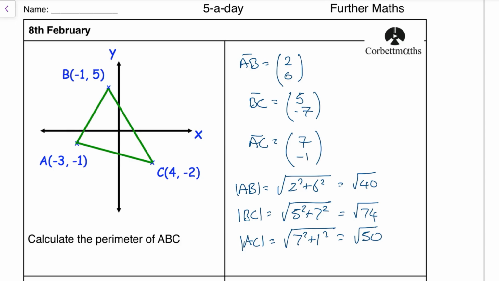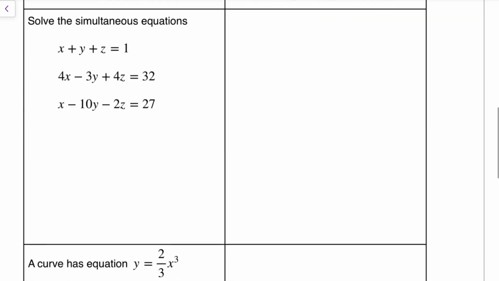Then all I'm going to do is get my calculator out and add these things up carefully. √40 plus √74 plus √50 is equal to 21.997, which is basically 22.0. It doesn't actually give me units, so it should be units, but let's just leave it as 22.0. Excellent. First question done. Bit messy, but nice question.